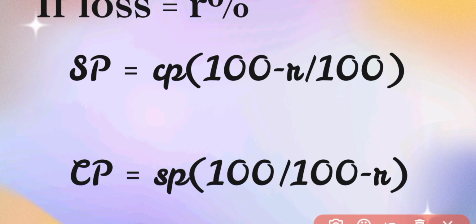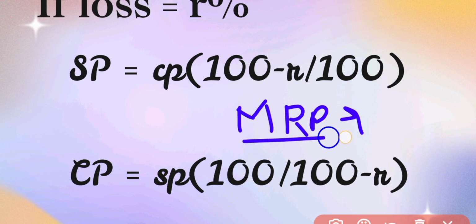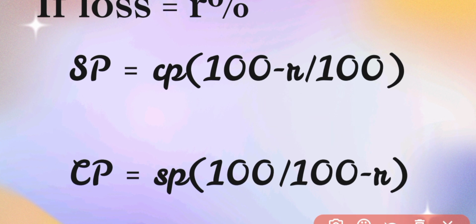When you go to malls or somewhere else, you see labels with a marked price. It is written as MRP, whose full form is marked price. Selling price and cost price I have already explained.